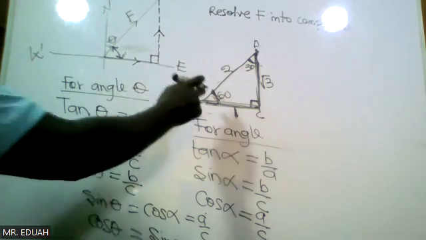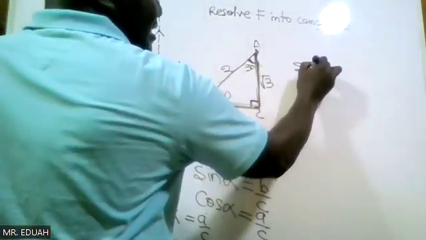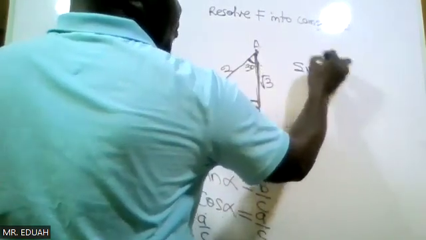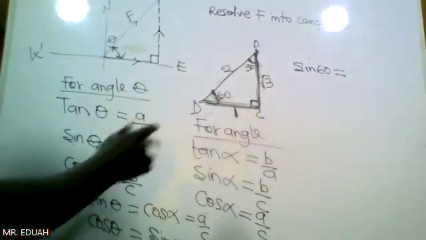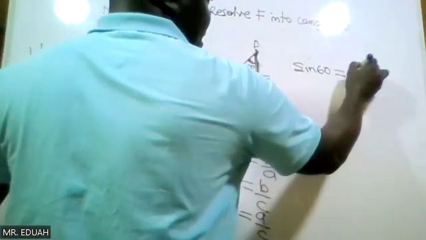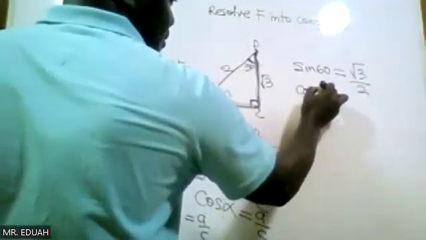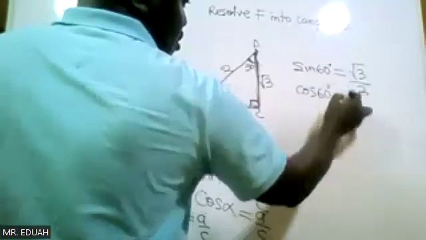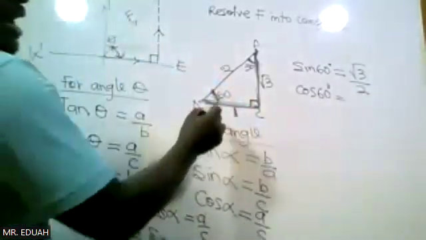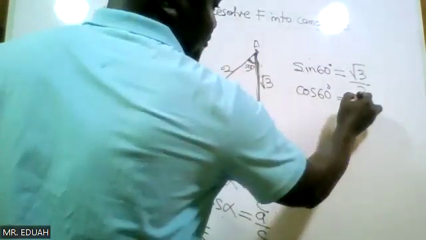So if I have this and I'm looking at sine 60, which is opposite over hypotenuse, root 3 over 2. Cos 60 is adjacent over hypotenuse, half.